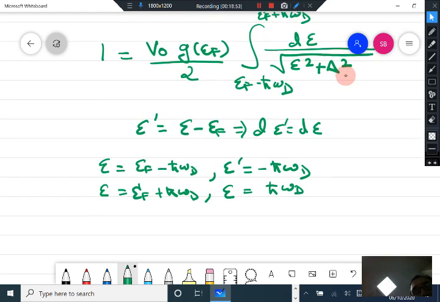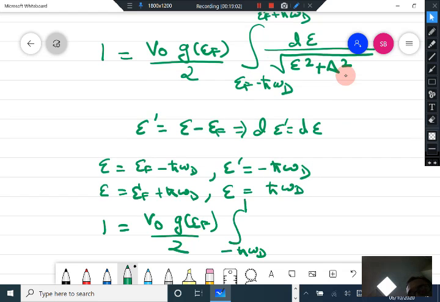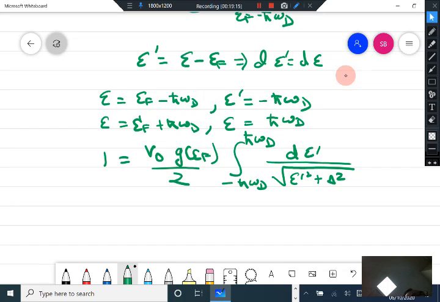So with this change of variable, 1 is equal to V naught g of EF by 2 times the integral from minus h cross omega d to plus h cross omega d, dE prime divided by square root of E prime square plus delta square. This is anyway just a variable.